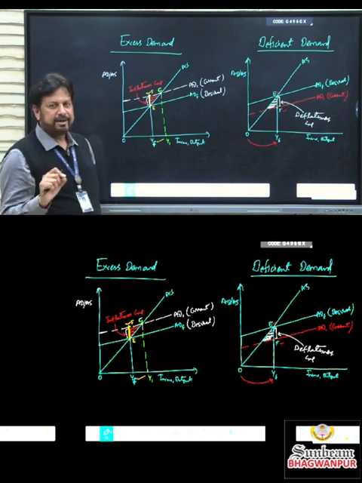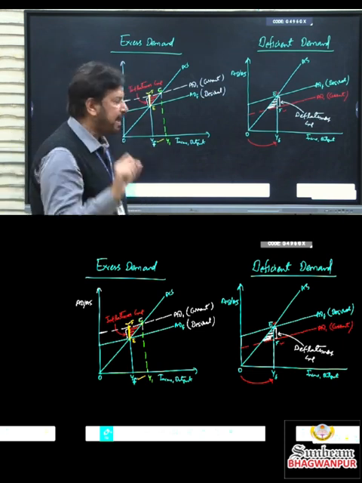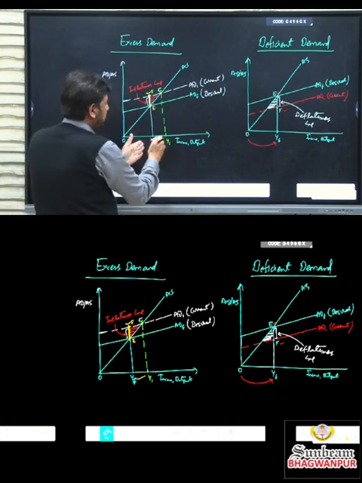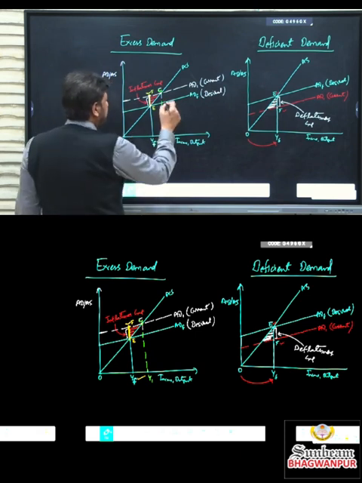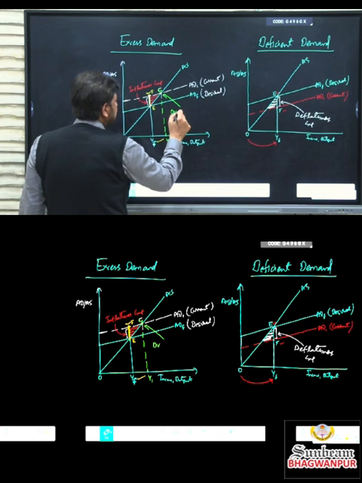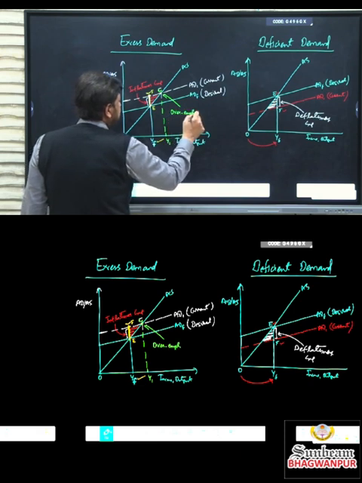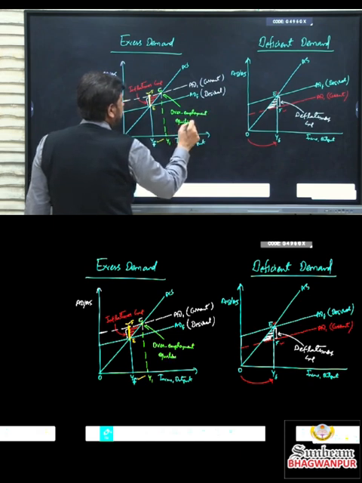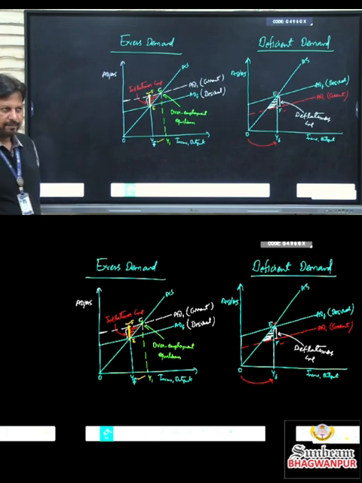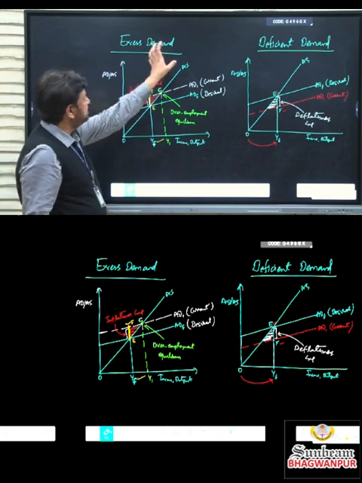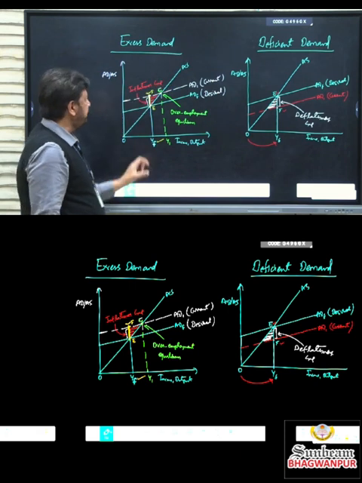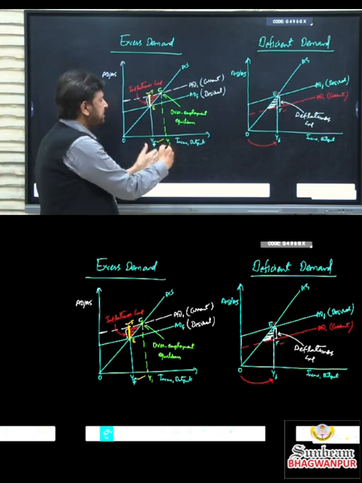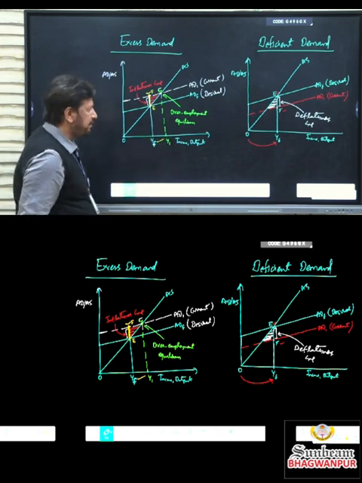The equality between actual AD and AS is achieved here at point E1, that is more than the full employment level of income. This equilibrium is termed as overemployment equilibrium. So whenever there is excess demand in the economy, equality between actual AD and AS is achieved after the full employment level of income. That is the situation of overemployment equilibrium.